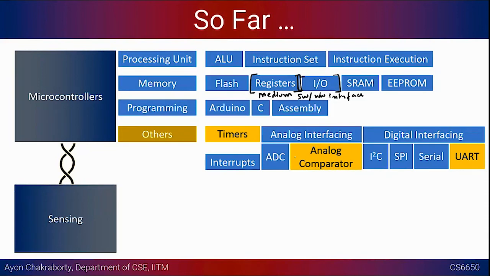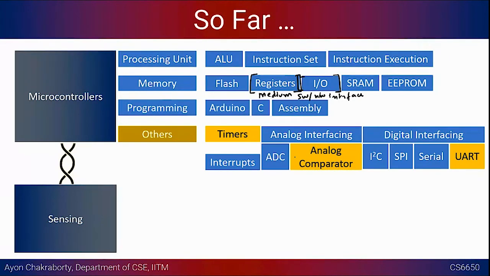So for now you should have some comfort in this part, where you have the technology ready for communicating to a sensor. You have some idea about these registers. You know how to program them, and you have some knowledge about the different interfaces that could be used for interfacing analog sensors or digital sensors.